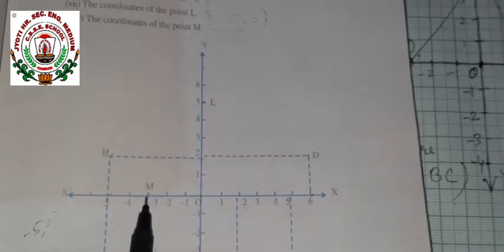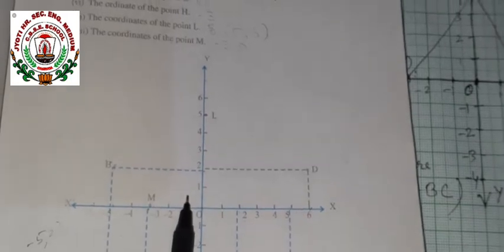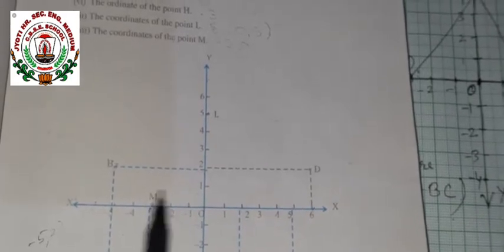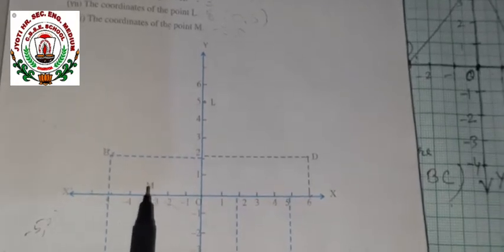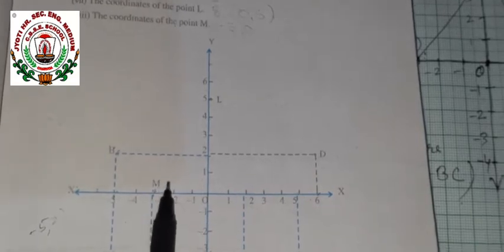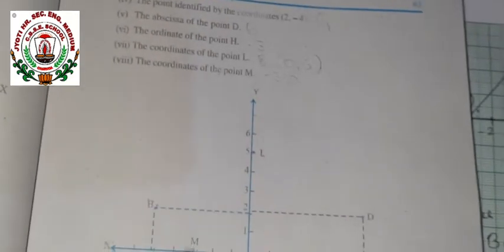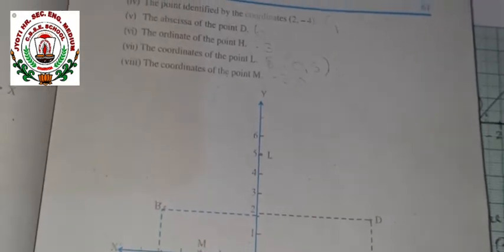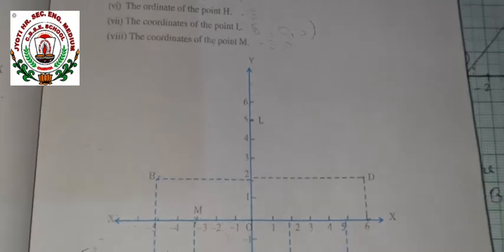So the coordinate of M will be -3 and 0. Okay, because y is 0, that is why it is lying on x axis only. So the coordinate of M is -3, 0. Okay, likewise second question is also done. That means exercise 3.2 completed.